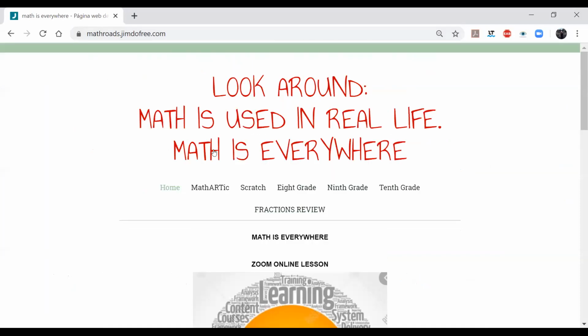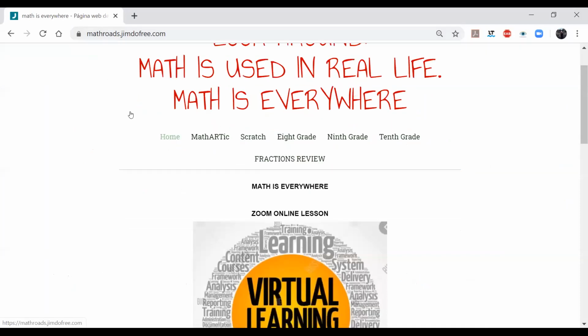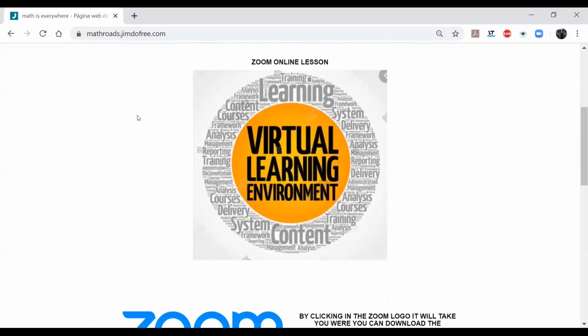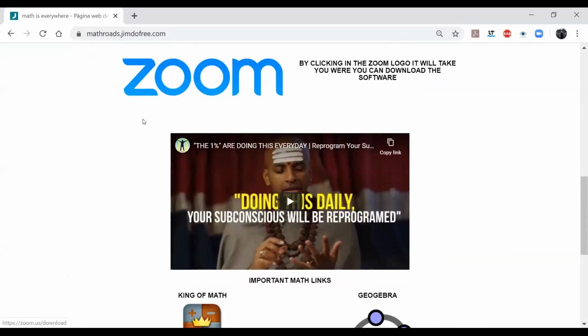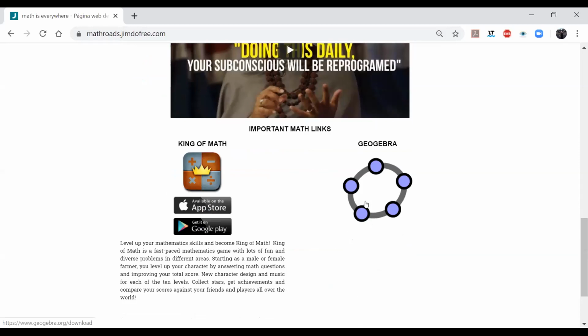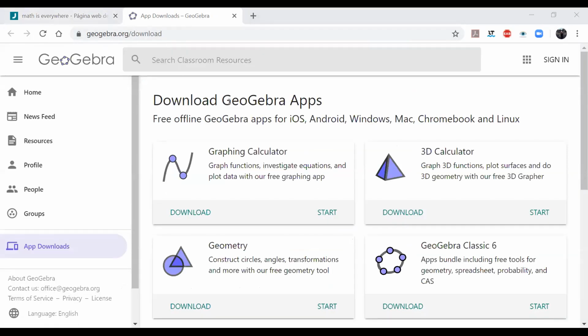And on the first page, you're going to scroll your mouse down. There's a little information. This is a very good video. I would recommend you watch it one time and then you start applying it every day. Under that, you're going to find the logo for GeoGebra. If you click on that logo, it's going to take you to the geogebra.org website.